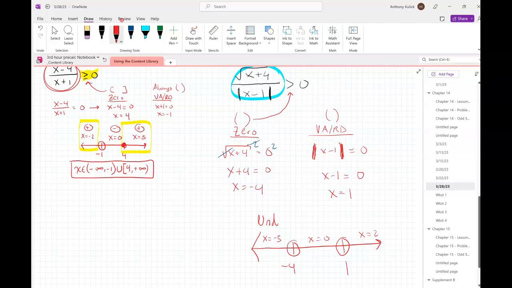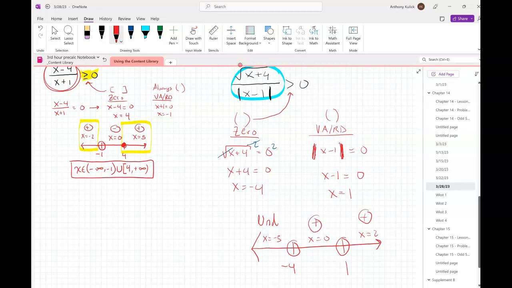I'll plug 0 in. Square root of 0 plus 4 is positive, and then the absolute value of something is always positive. So that's positive over positive, so positive. If I plug 2 in, the square root of x plus 2 is positive, and the absolute value of anything is always going to be positive.